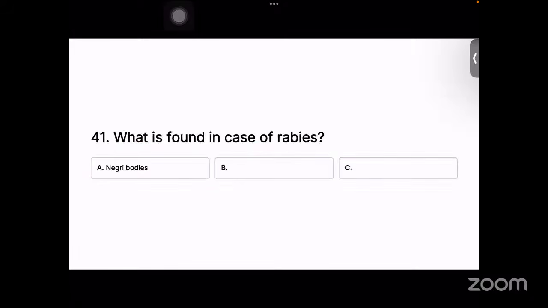What is found in the case of rabies? Negri bodies. Clear-cut question. Okay, Negri bodies are eosinophilic cytoplasmic inclusions.